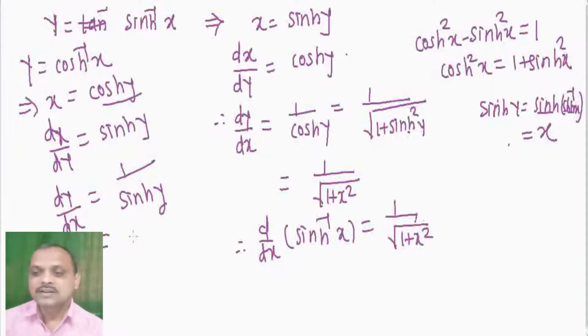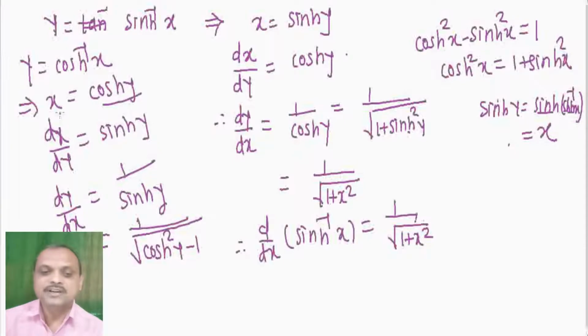So here sinh y is nothing but under root of cosh square y minus 1, and cosh y is x.